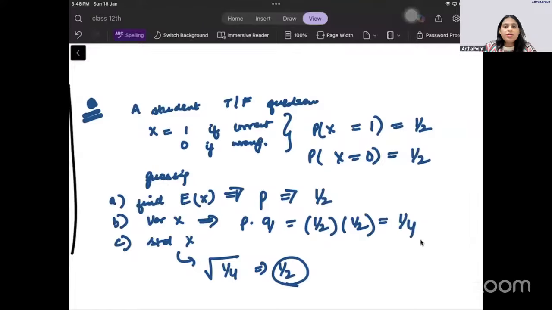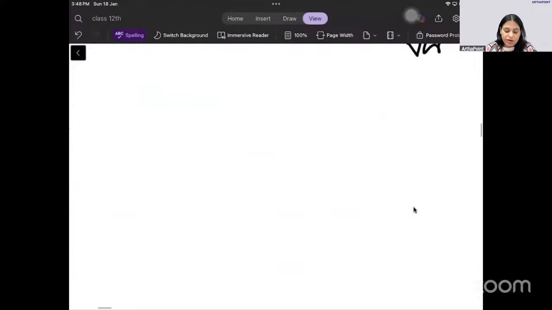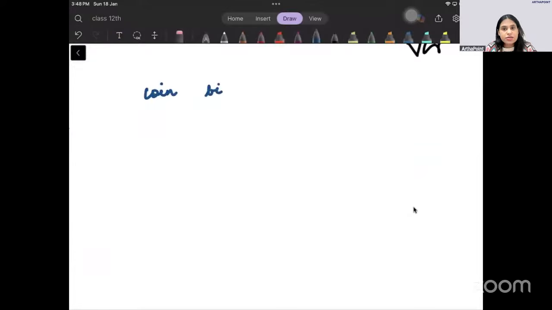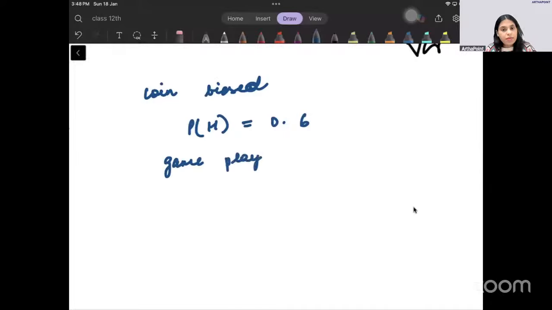So the question is that you have a coin which is biased, right? And probability of head is 0.6, right? And it says that a game is played, right?